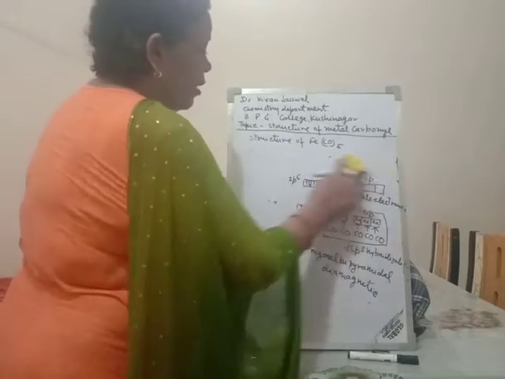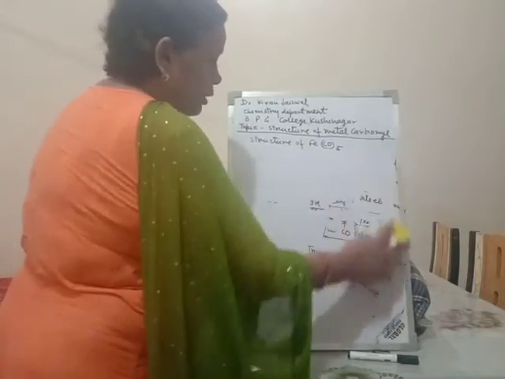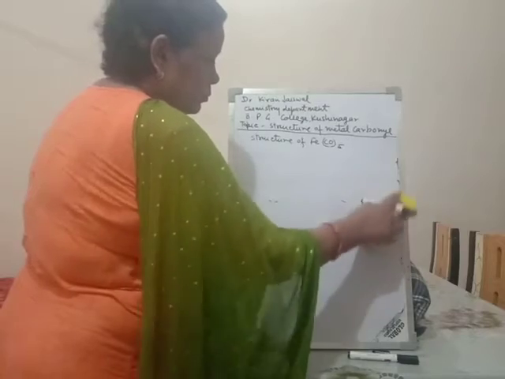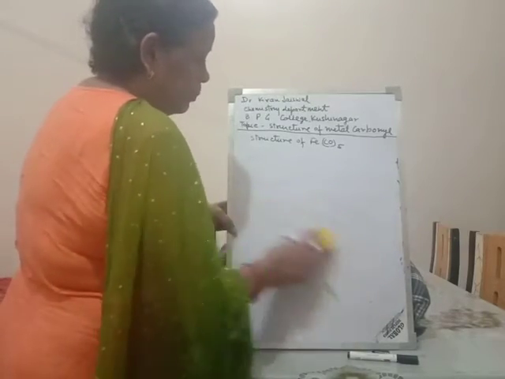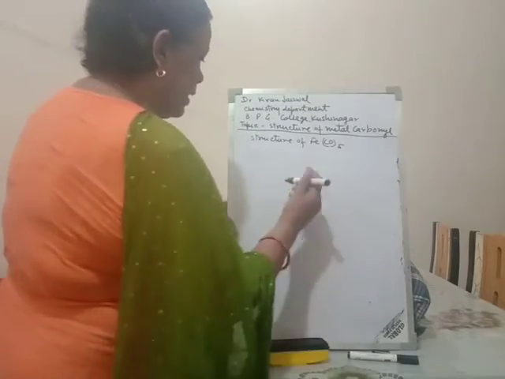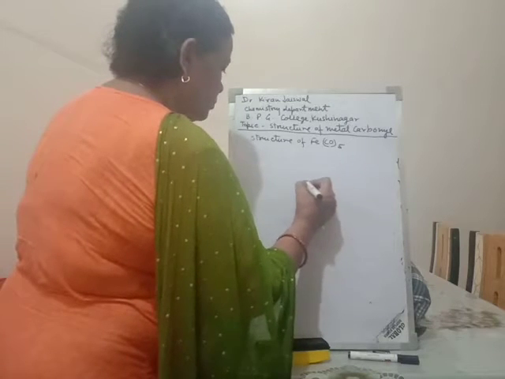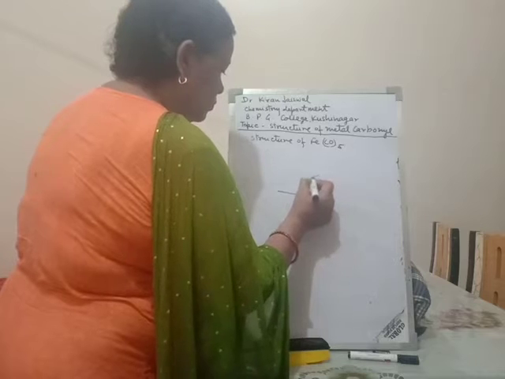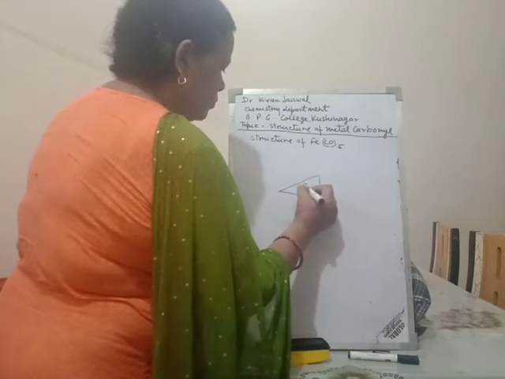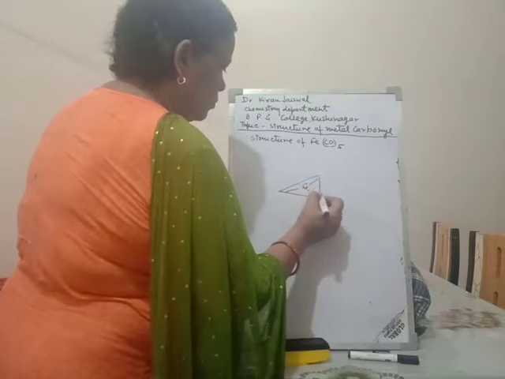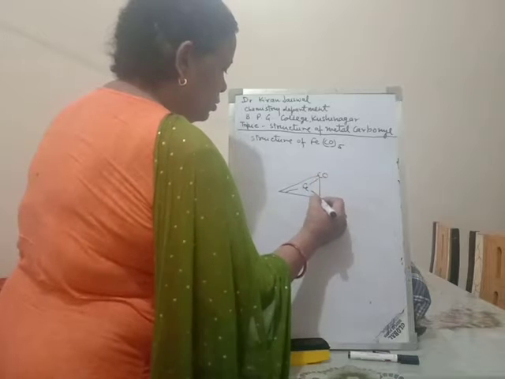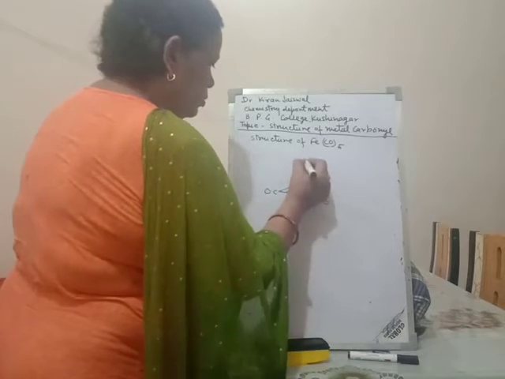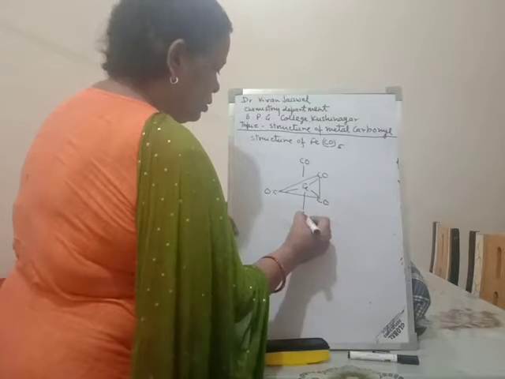The structure of iron pentacarbonyl can be written as this, with five CO groups.